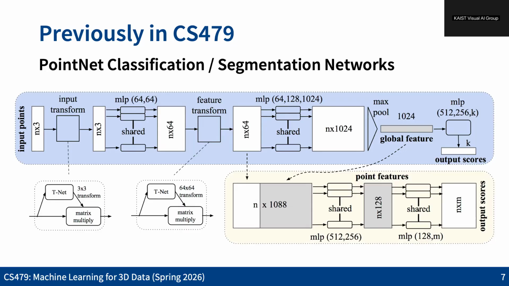Obviously the input dimension for each point is 3, right? So the first layer of the MLP takes a 3-dimensional vector as the input and outputs a 64-dimensional feature. And the next layer takes the 64-dimensional feature as the input, making another 64-dimensional feature as the output. So 64, 64 means that we have two layers here.